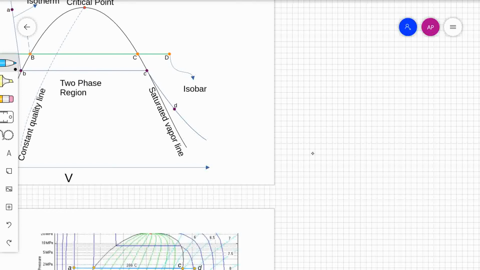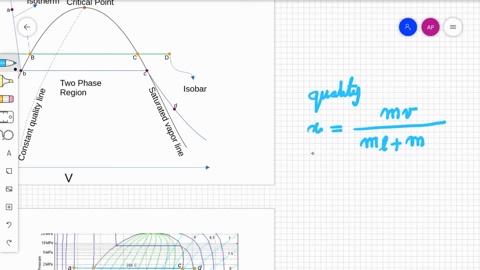We define quality as X, which is equal to the mass of the vapor in a mixture over the mass of liquid plus mass of vapor.